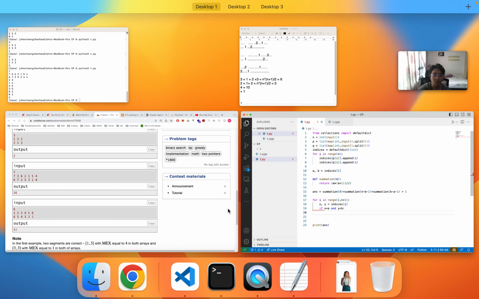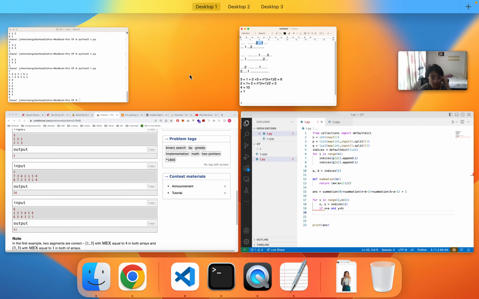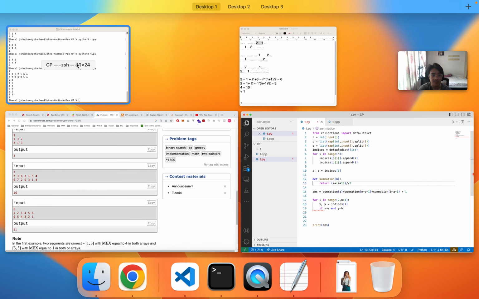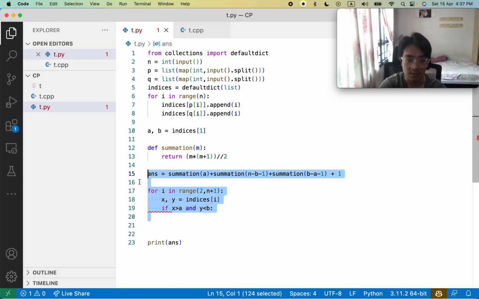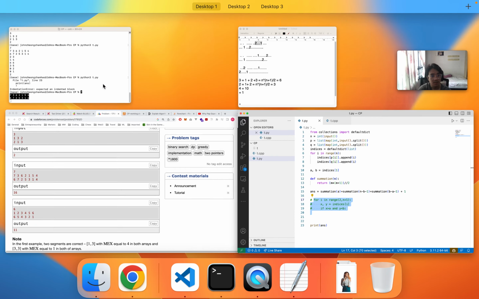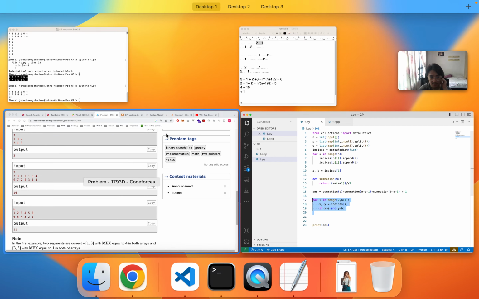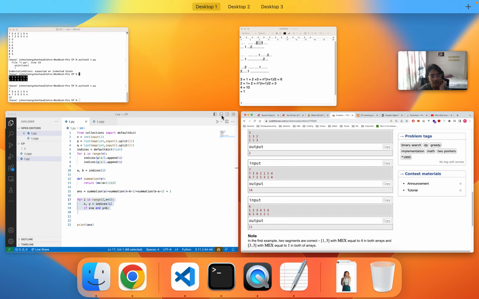So we need to expand the array, which in this case would be, oh, by the way, this is not 0, this is summation of a. What am I doing? Hang on, let me check this again. Yep, 12. Okay, as you can see in this example, it is 12, it's correct.